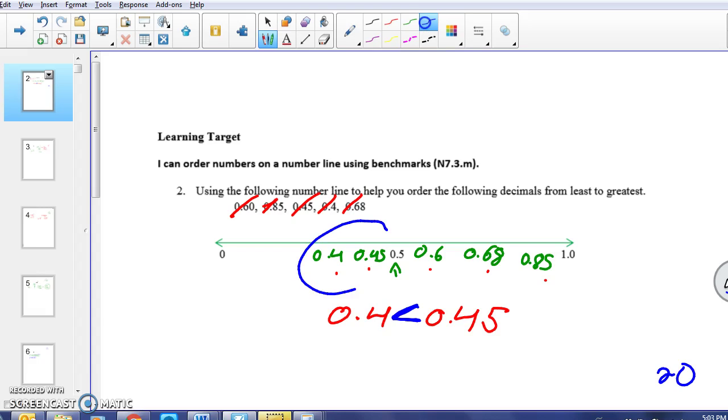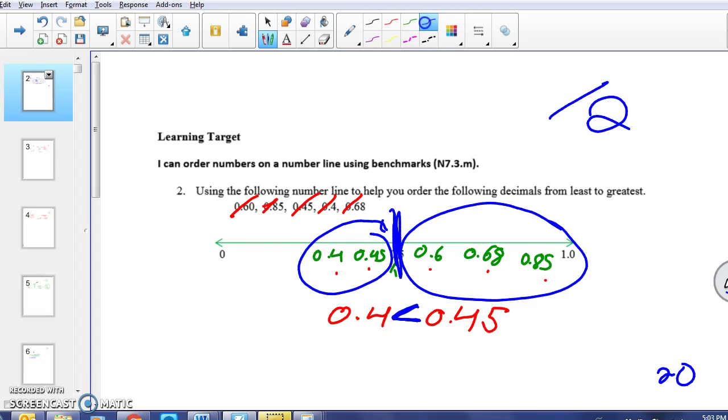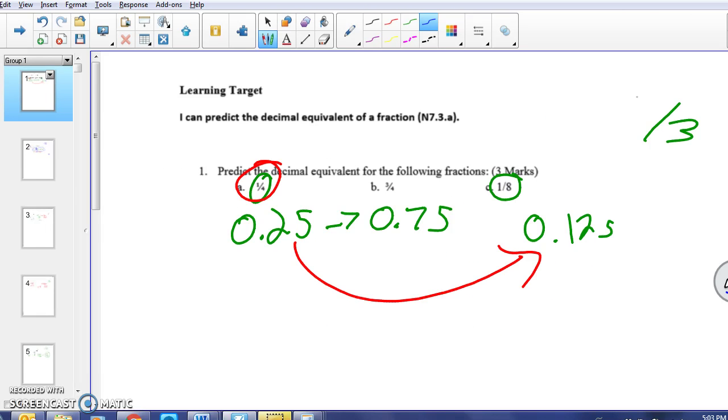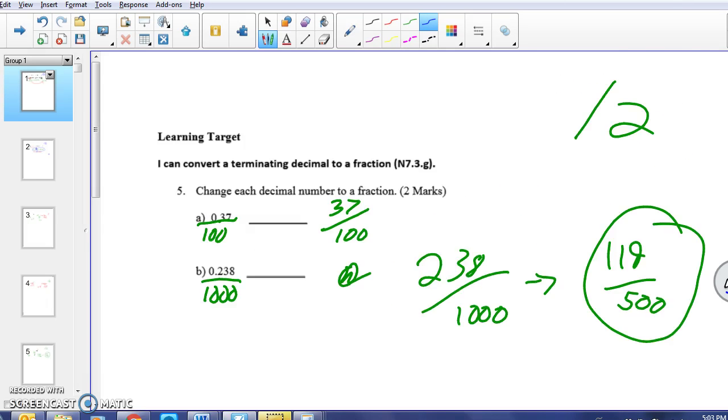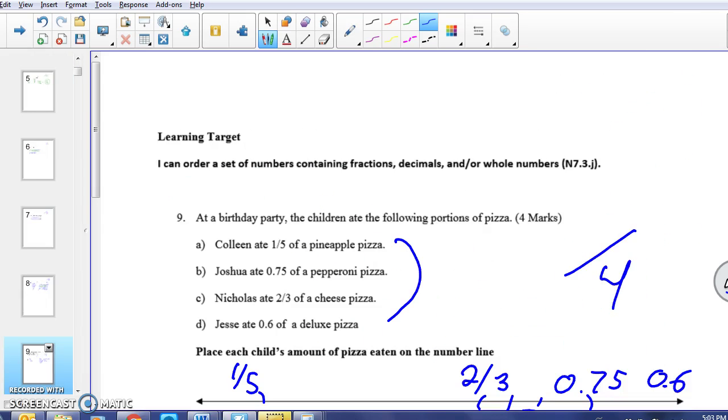Give yourself 1 mark if you got them all on the right side, and 1 mark if everything is in order. So if you had something here mixed up, you get 1 out of 2, but if they're all on the right side of half, you get 1 mark, and then if they're all correct, give yourself a mark. So that puts that out of 22, 25, and we're back to the start. So on the front page, give yourself a mark out of 25. We should have gone through each question there, and then you can come and hand it in to your teacher.